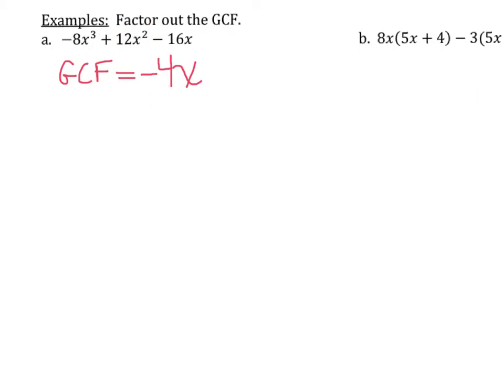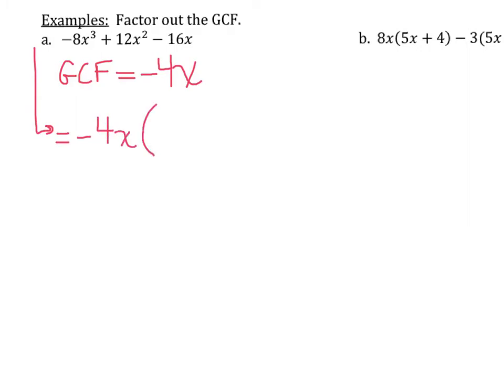What I'm going to do now is that second step, which told me to multiply and divide by the GCF. And the way we do that is just like this. So this polynomial here is going to equal, I'm going to multiply by my GCF on the outside. And remember, I'm going to put a parentheses here.